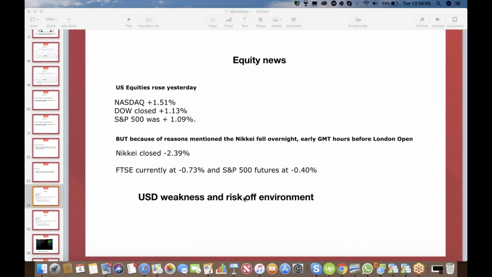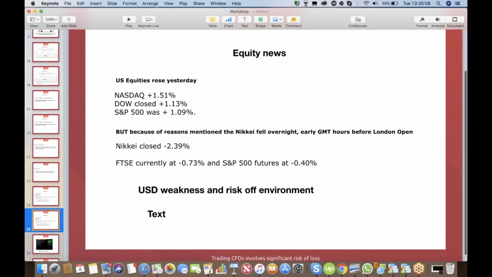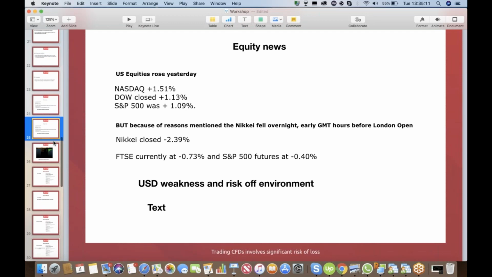We've got quite a strong risk-off environment, and we've got US dollar weakness on the back of those rising 10-year Treasury yields. So now we have a little question for you.